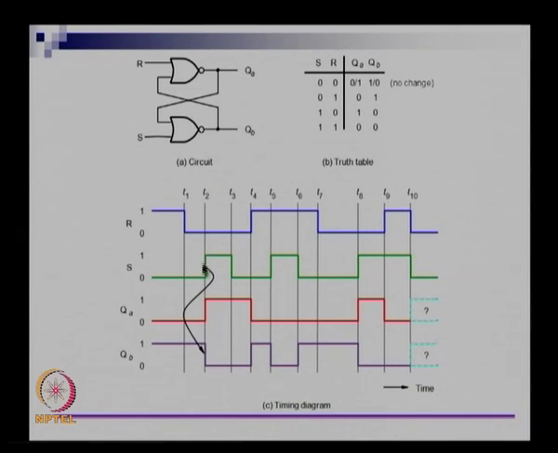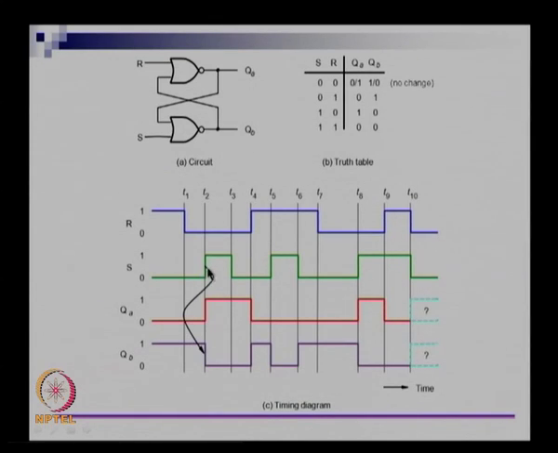Now let us assume that at T2, this green one is S, S goes to 1. I said that the semantic attached to S is that it is supposed to be setting the value of QA to 1. Let us see what happens. When S goes to 1, you can see that the effect of S going to 1 is not direct on QA. In fact, it changes QB to 0, that is the direction of the arrow here.